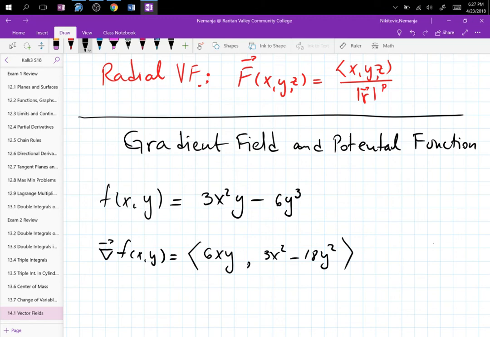So we copy 3x squared. That's a constant. The derivative of y is 1. And then minus 6 times 3 is 18, and then y squared. You can generate vector fields like this.